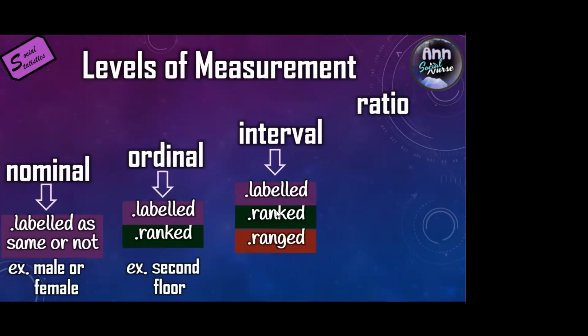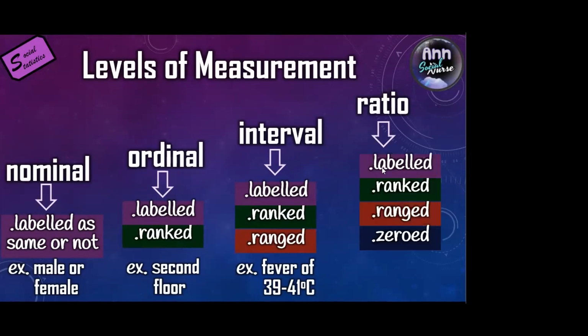It's labeled, it's ranked, and it has range. For example, a fever of 39 to 41 degrees centigrade range. Ratio, the highest of them all, is labeled, ranked, has range, and zero. There is a true zero point. Like the 24-month-old baby, it's about age. So age starts at 0, same as weight and height.